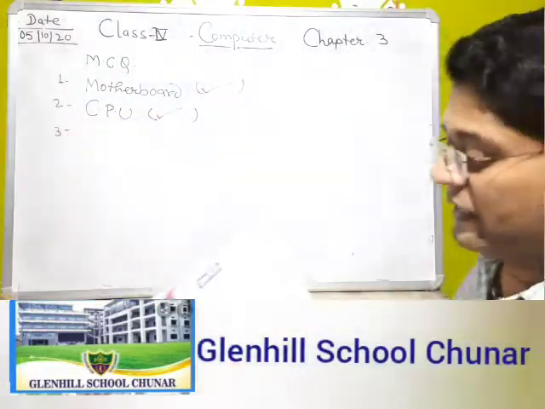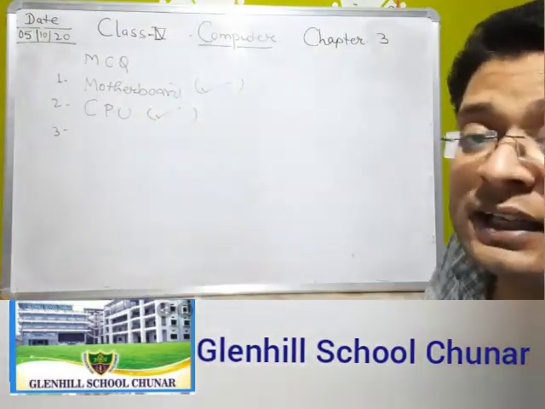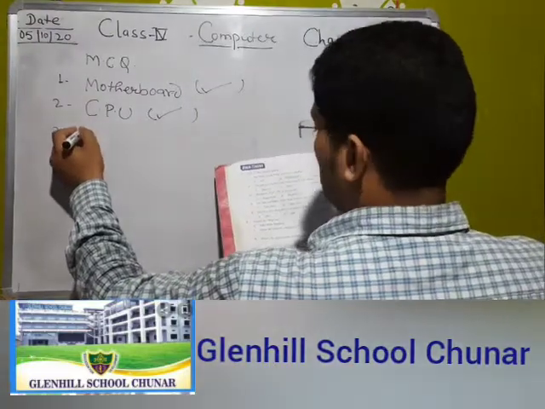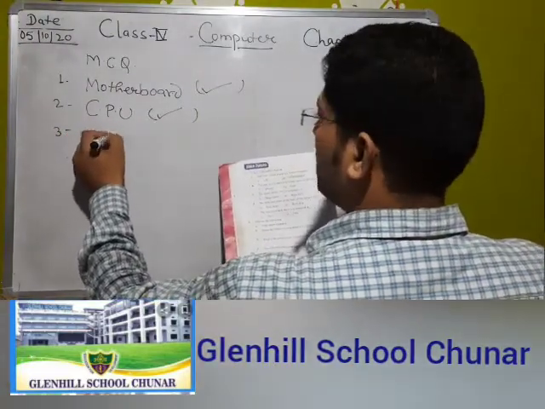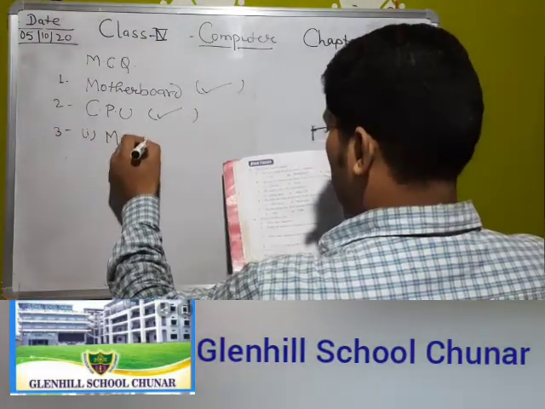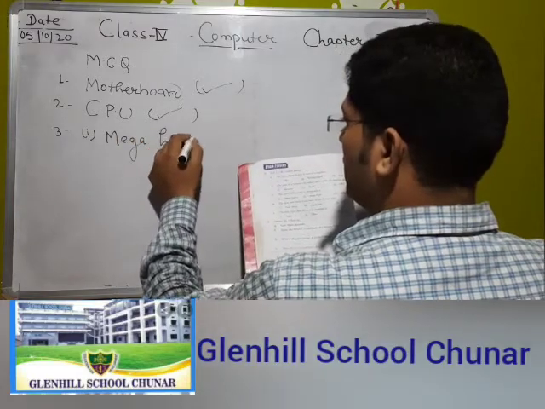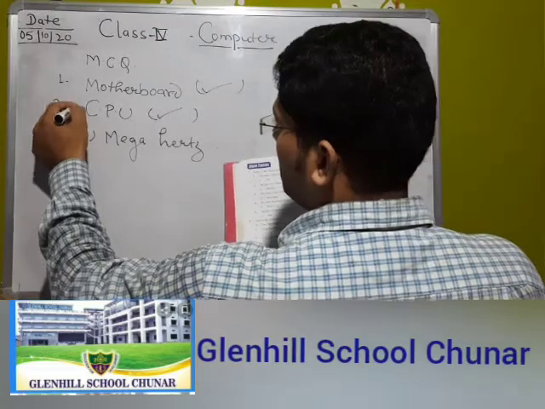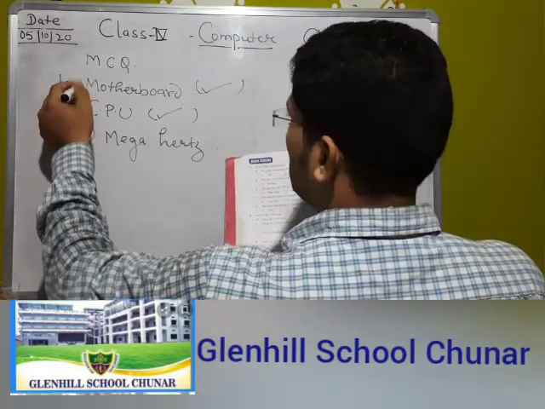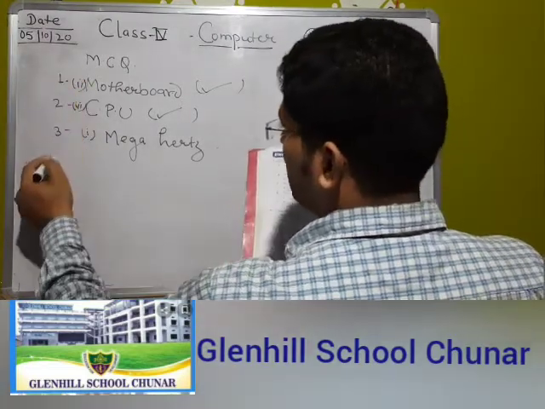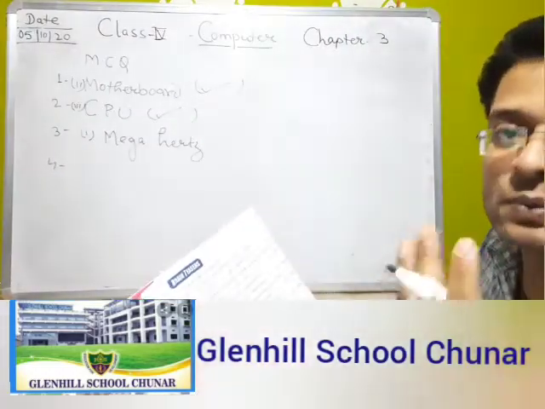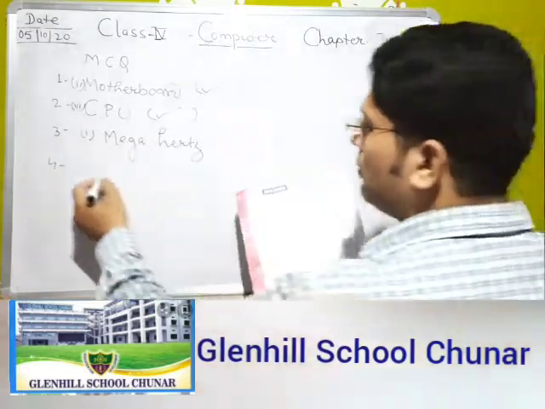CPU, and the speed of CPU is measured in megahertz. So third answer is megahertz. And fourth, the slots and holes at the back of system unit, that's called port.